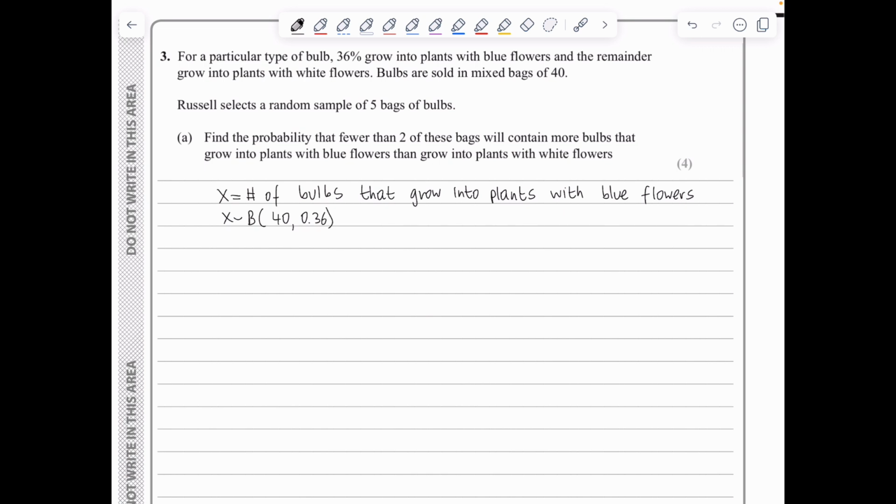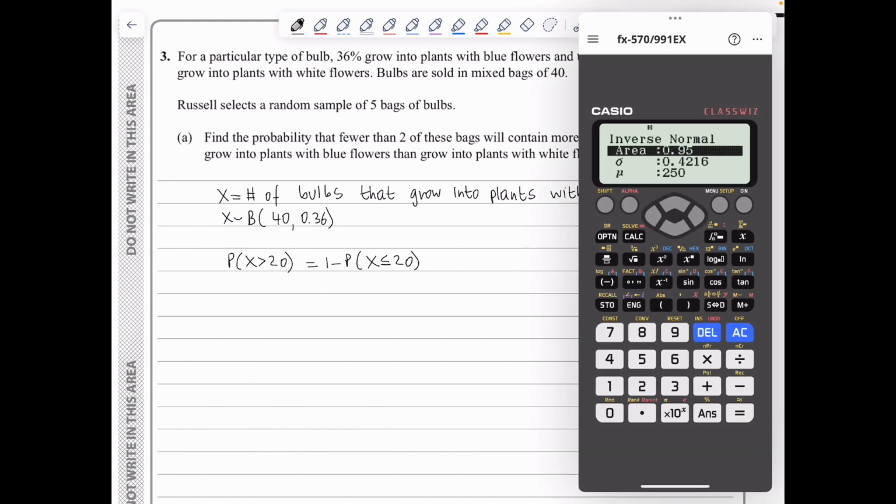Now, the probability that we've got more blue flowers than white flowers is the probability of X being greater than 20, so more than half of the plants grow into blue flowers. So this is 1 minus the probability of X less than or equal to 20. So I'll go on my calculator, I press menu, it's option 7, and I go down and I go for binomial CD.